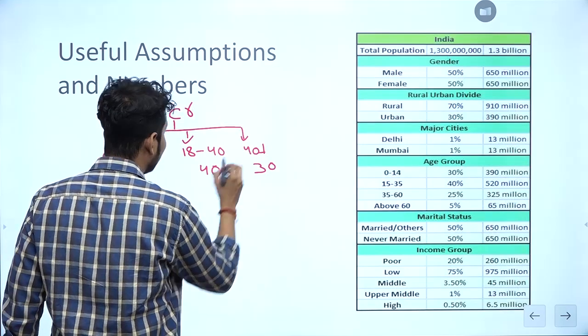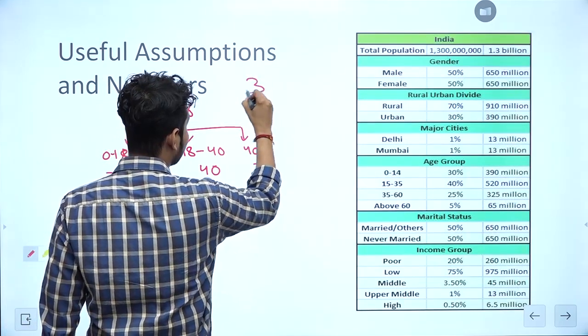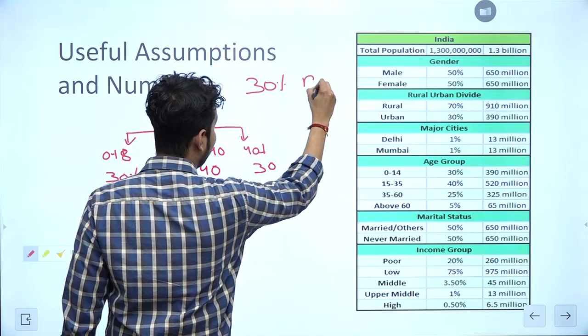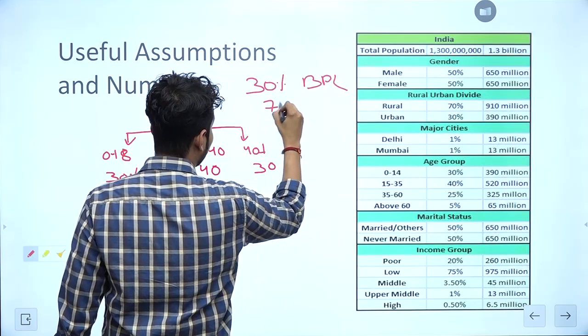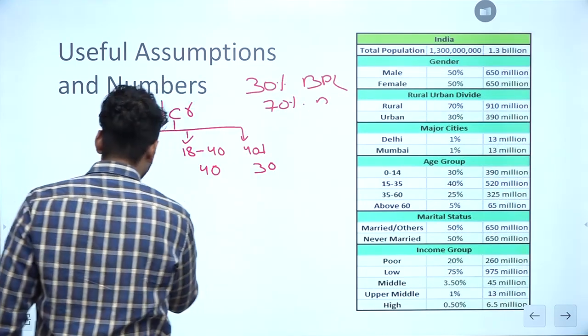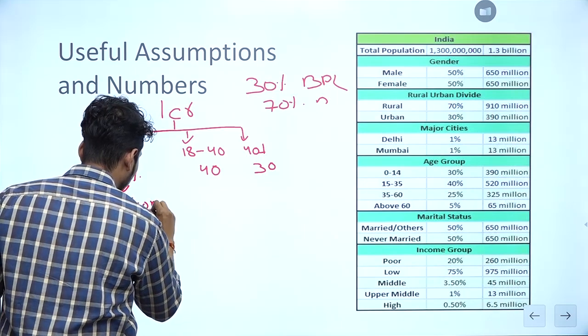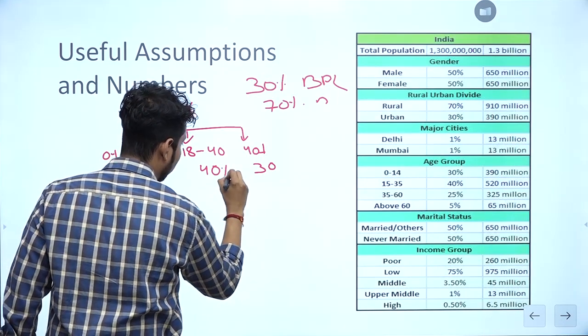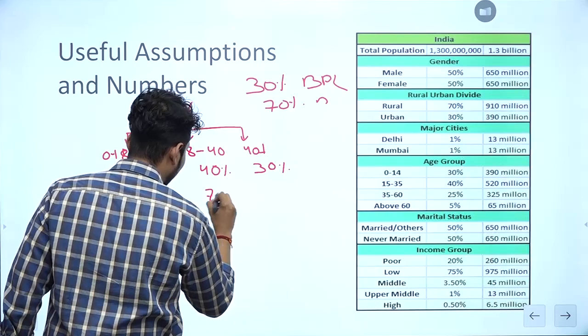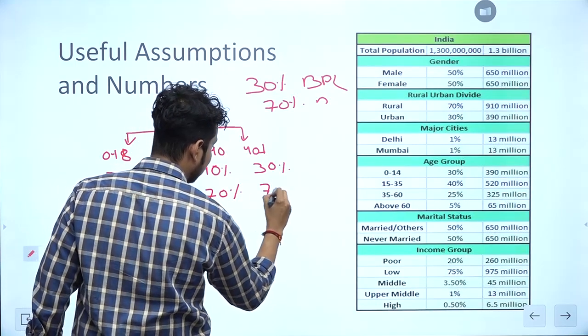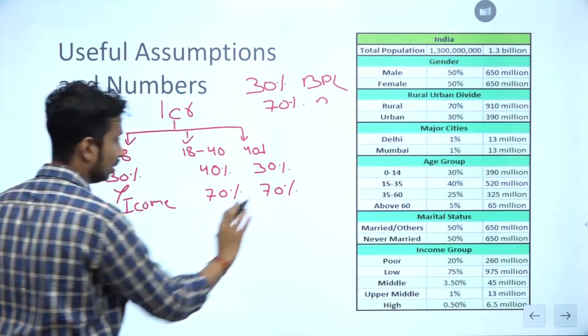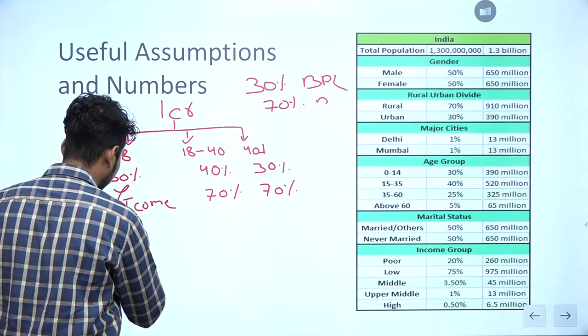So in income we are only taking 30% as below poverty line, BPL, and the rest 70% are eligible. So now income, we have a factor of 70%, 70%. This is the case. Now gender.